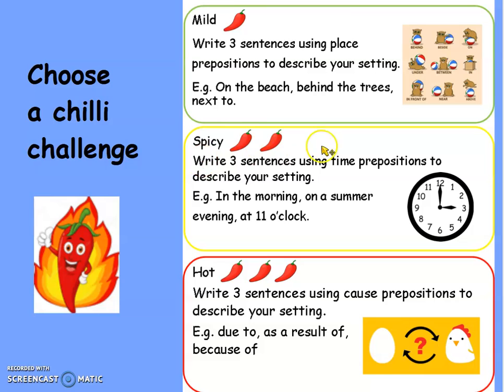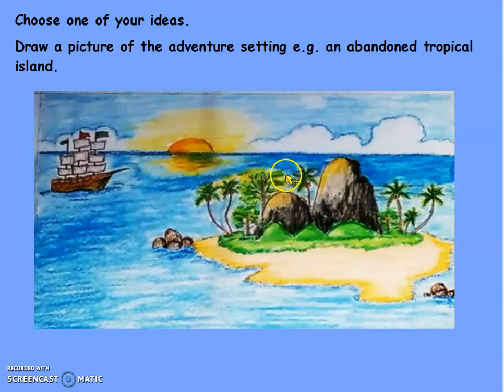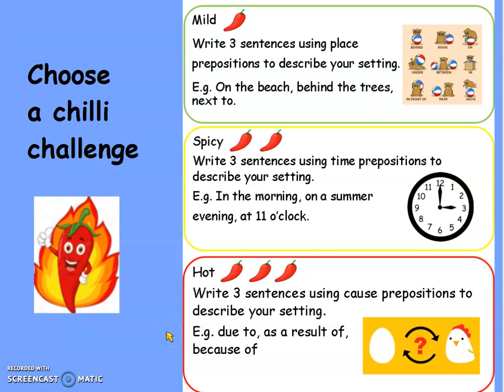The spicy challenge is to use time prepositions to describe your setting. For example, I might write, in the morning, the sun rose from the sea. And finally, the hot challenge is to use cause prepositions to describe your setting.